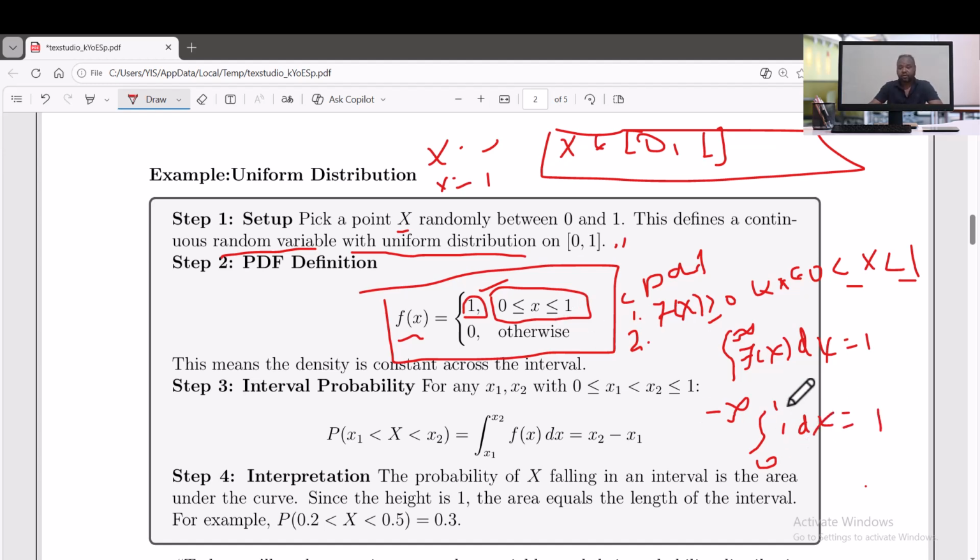The function is defined over 0 up to 1. For the rest of the interval, this function is 0. Only consider this interval.